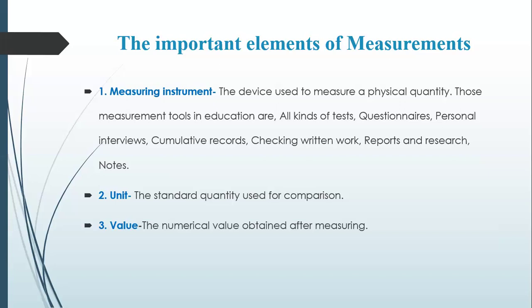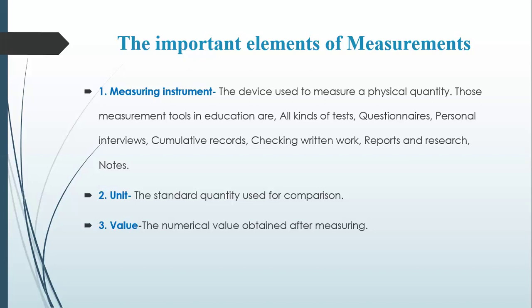But in educational measurement, we can't always use such instruments. Therefore, we have to use several measuring instruments: questionnaires, personal interviews, cumulative records, checking written work, reports, progress reports, and researchers' notes. Those are the educational measuring instruments.